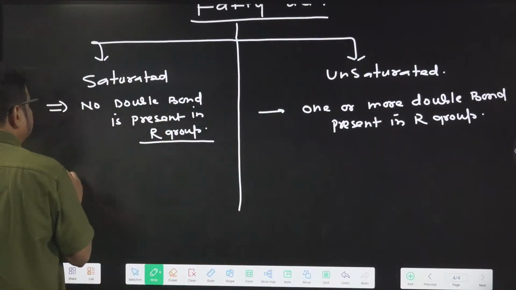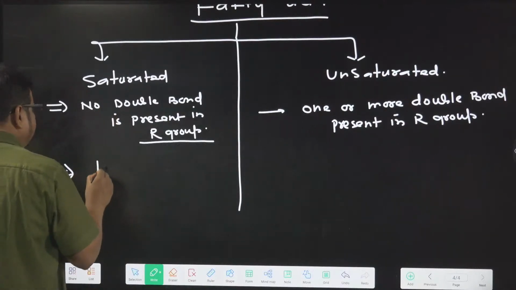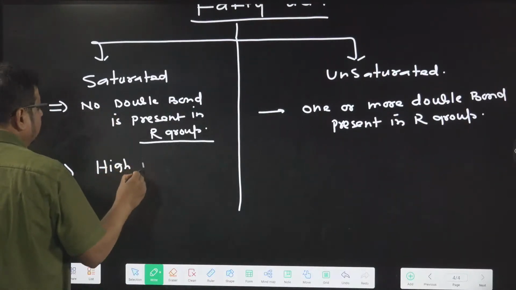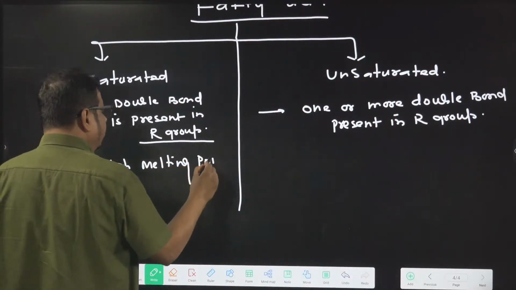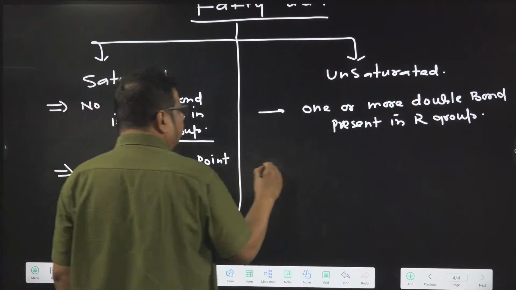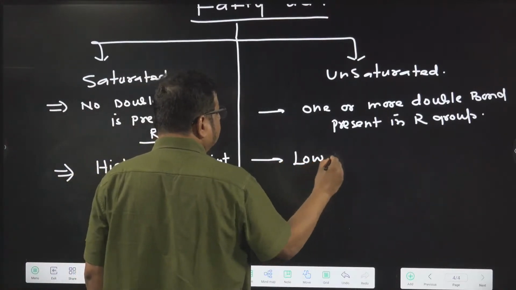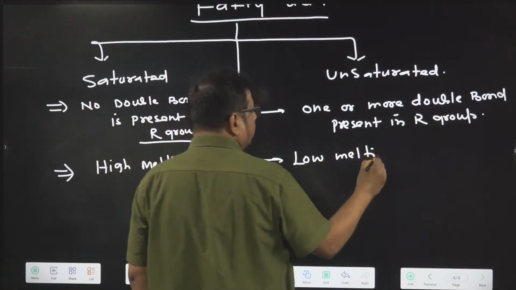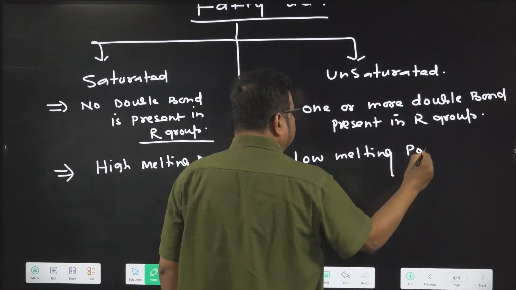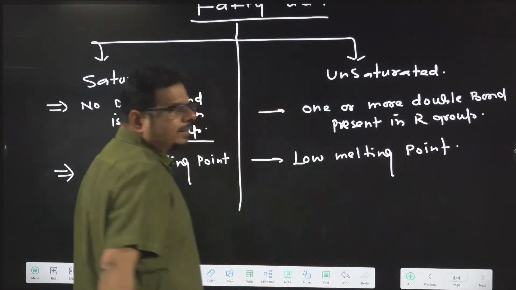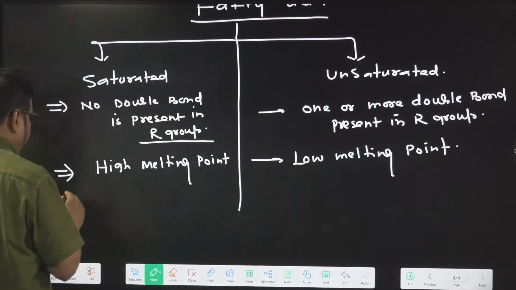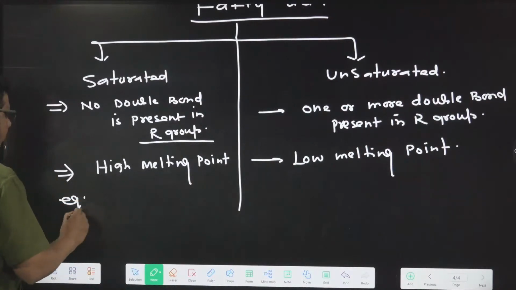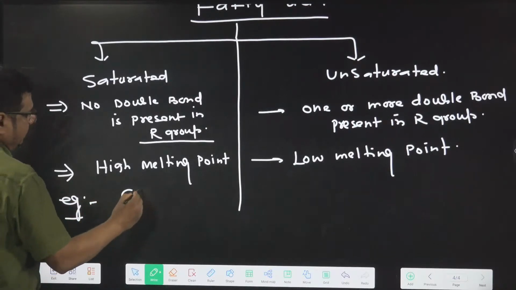If you talk about saturated fatty acid, it have high melting point. Unsaturated fatty acid have low melting point. Low melting point is present in unsaturated fatty acid. If you talk about example of saturated fatty acid, it is ghee.